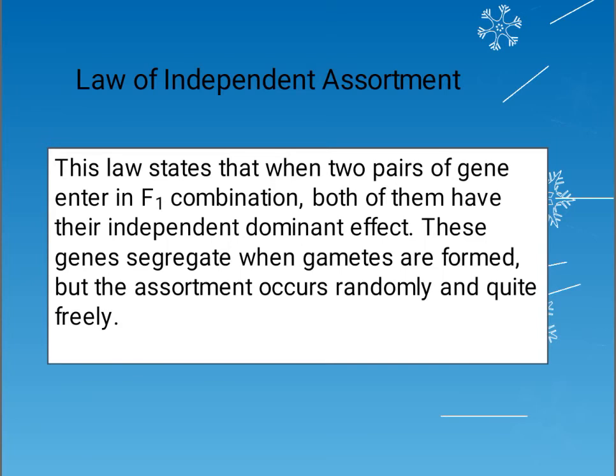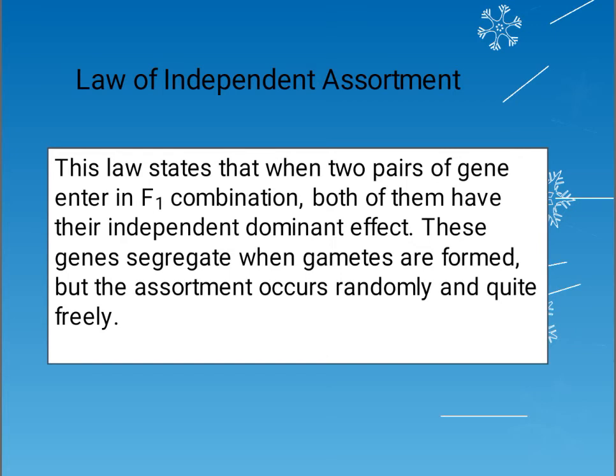These genes segregate when gametes are formed, but the assortment occurs randomly and quite freely. So this is the second law of inheritance given by Mendel, and this law explains simultaneous inheritance of two plant characters.